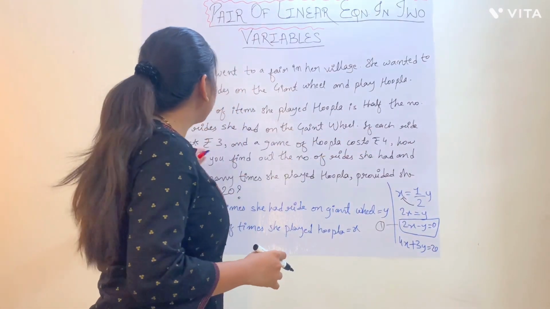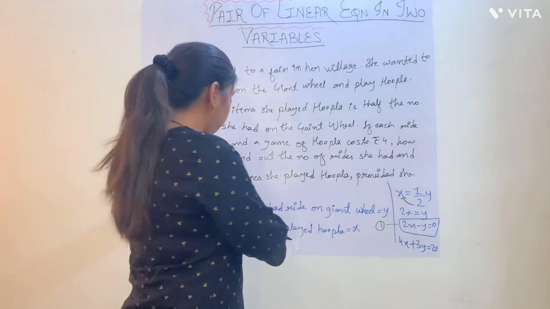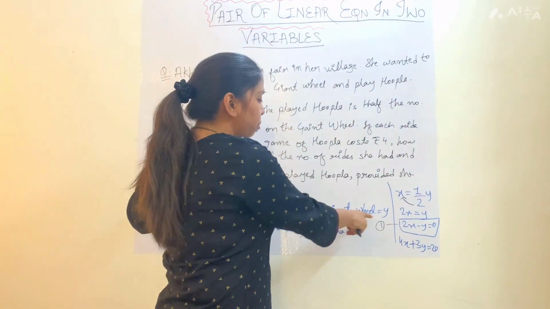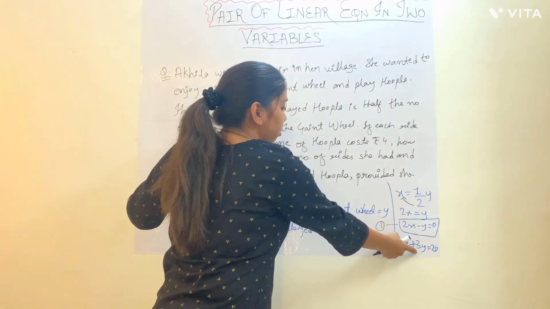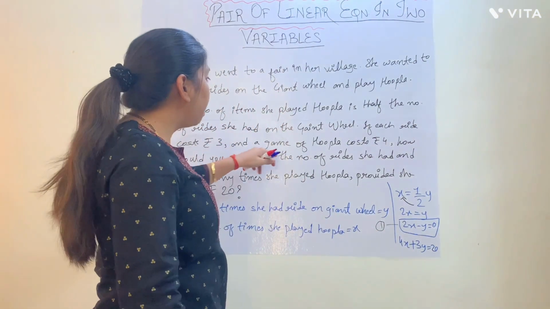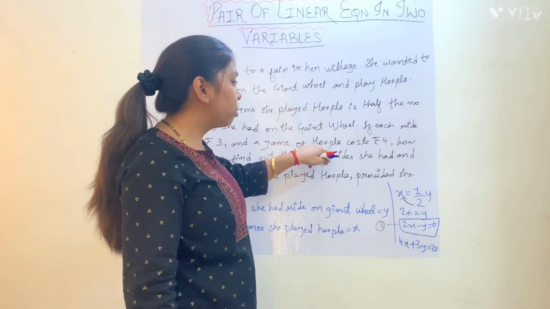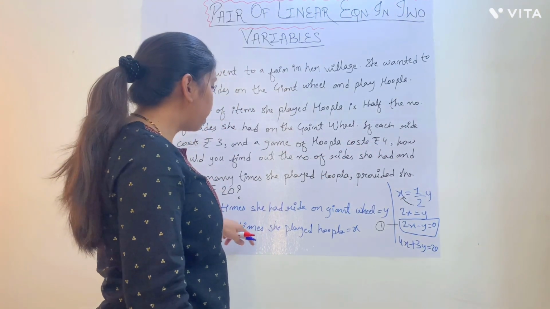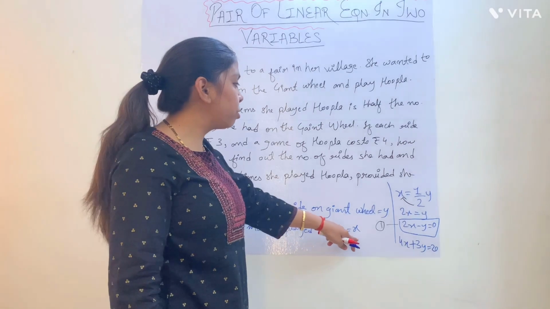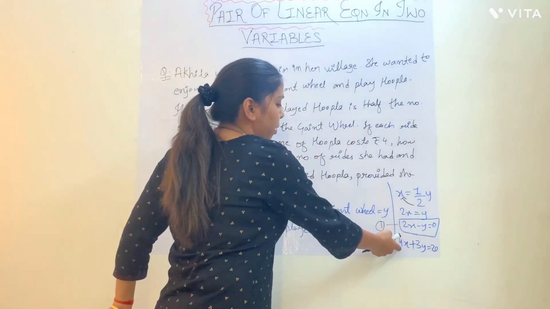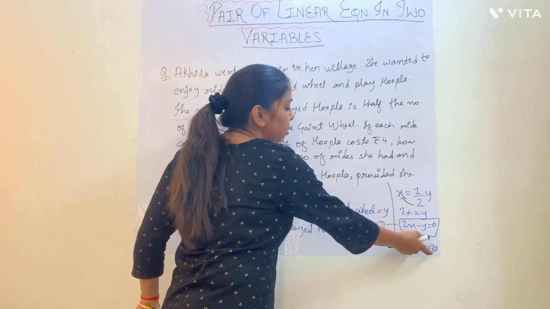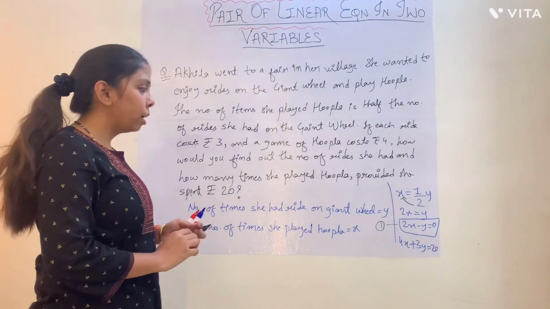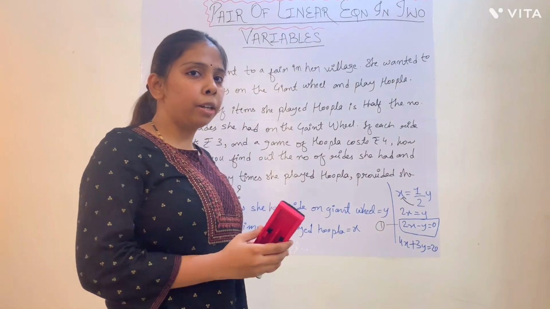Each ride costs 3 and the number of rides is y, so that is 3y. A game of hoopla costs 4 and the number of times played is x, so it is 4x. So the equation is 4x plus 3y is equal to 20. It is solved by the graphical method.